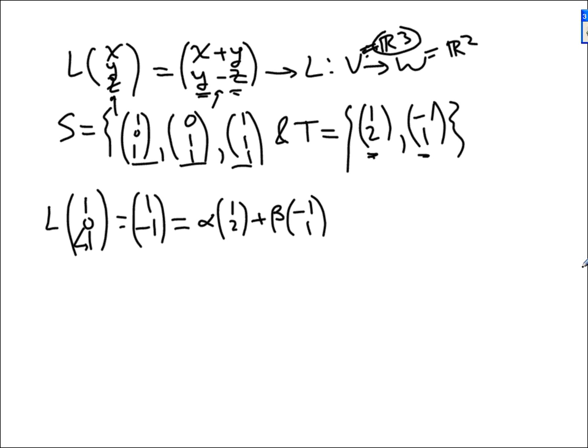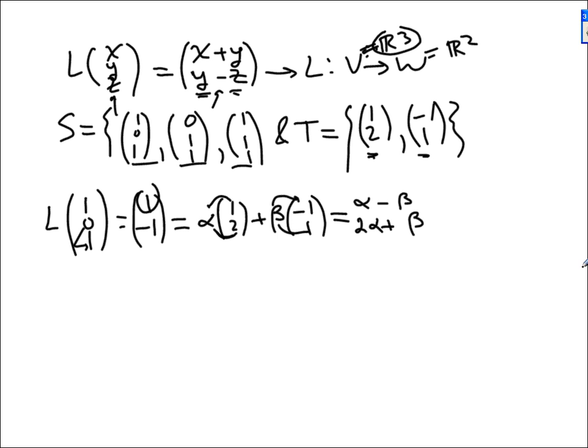If you can look at this and see the answer immediately, wonderful. If you can't, you have to realize that the top entry is really 1 alpha, alpha plus beta times negative 1, which is negative beta, and this should equal 1. And the bottom one is 2 alpha plus 1 beta.